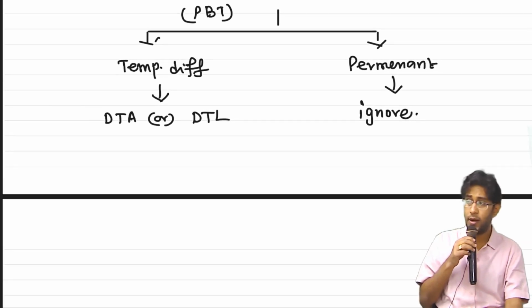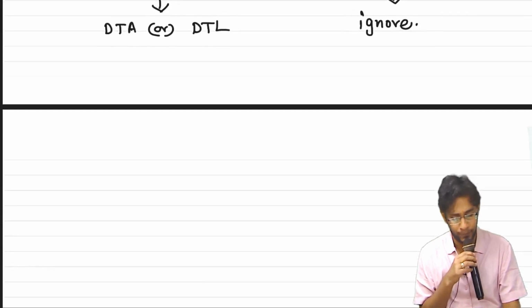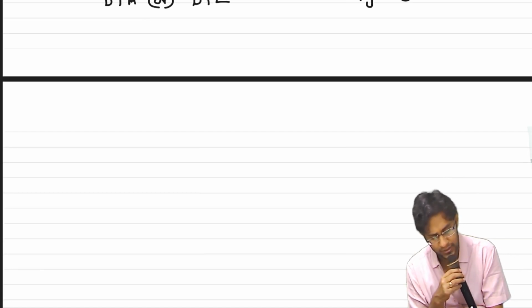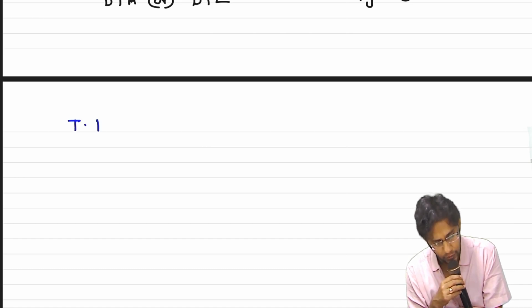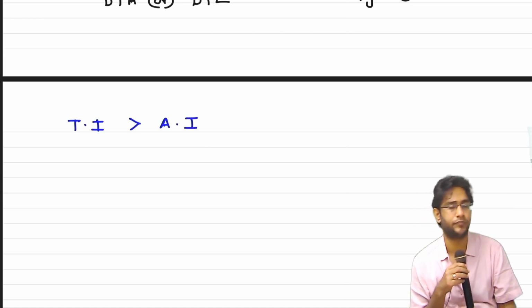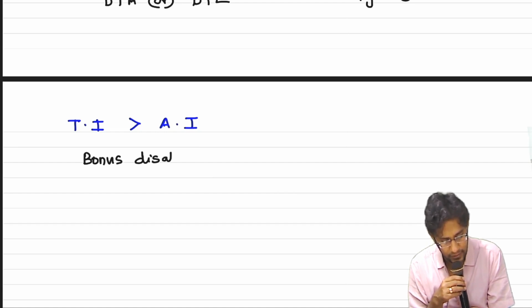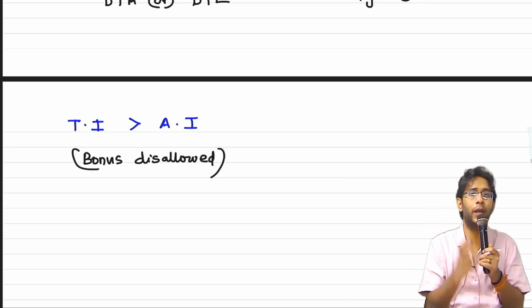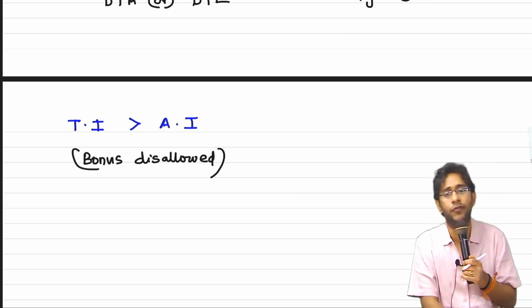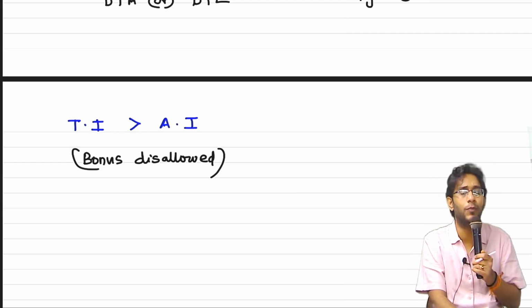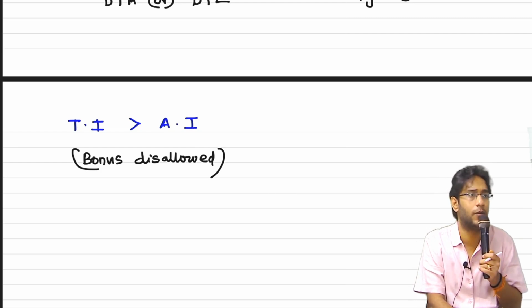Now, sir, should I create a DTL? Let's see. Suppose, in a particular year, your taxable income is higher than accounting income. In your mind, always keep one example as a hook point. Bonus is disallowed. I declared bonus to my employees, but I did not pay. Income Tax Act says if you don't make certain payments before filing of the income tax return, the deduction will not be given to you.